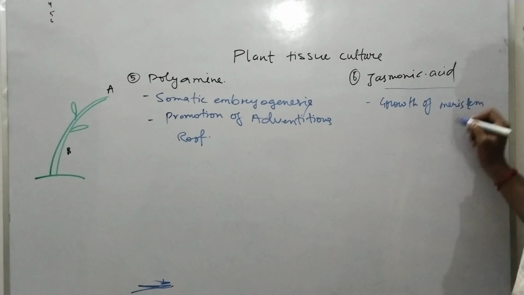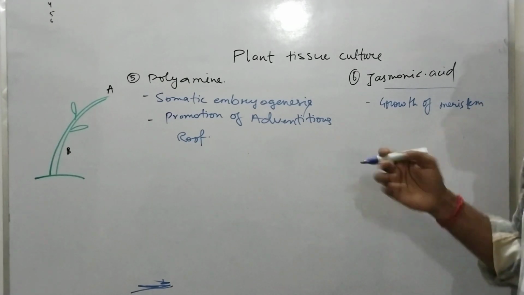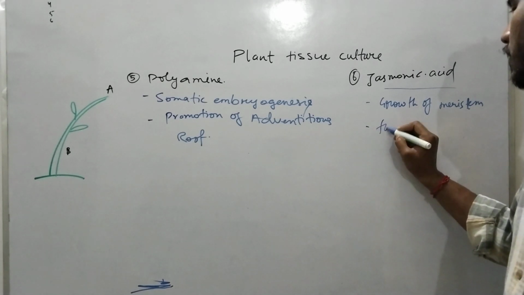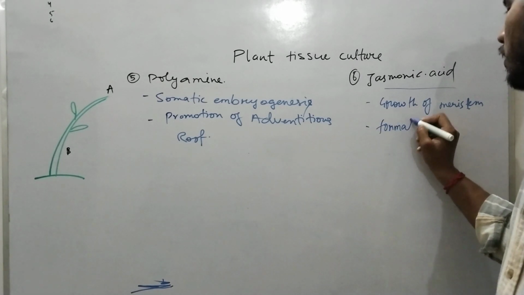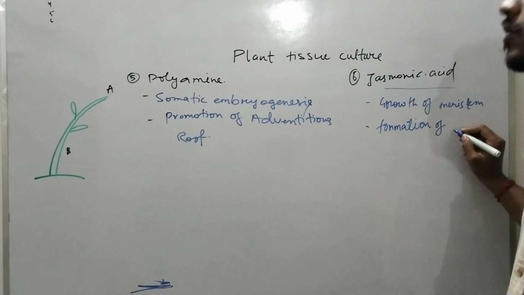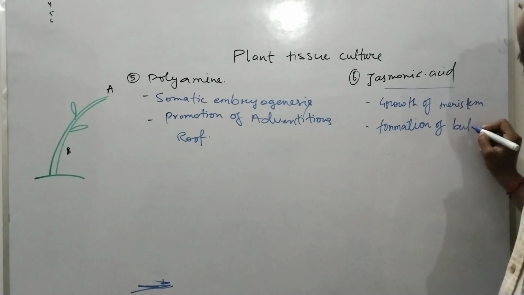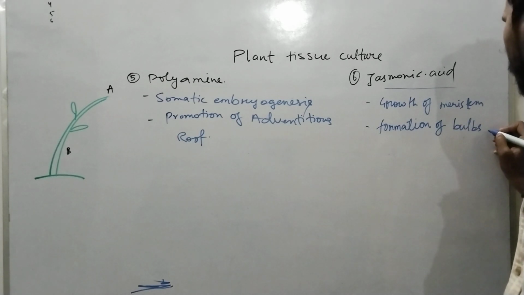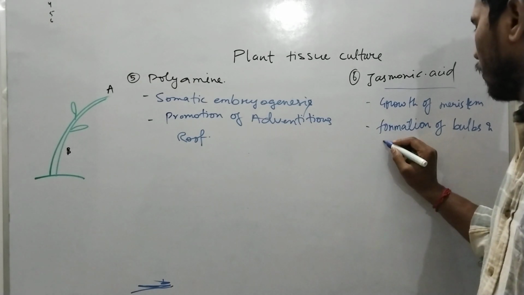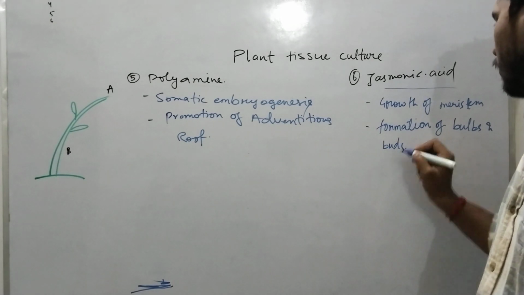It will increase the meristem size and numbers, and after that it will help in the formation of bulbs and buds.